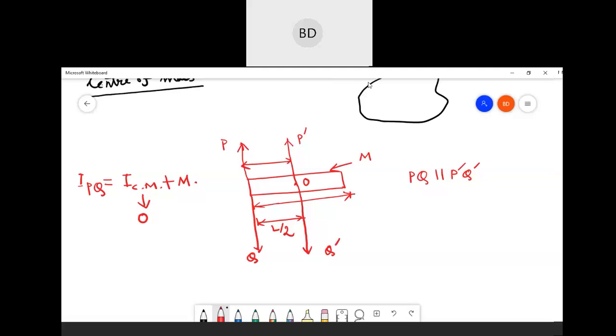Please tell me. Alright, that has already been shown: L by 2. So in place of R, it will now be L by 2. Then you calculate this. This you will get because M will be given, L will be given. After that, you can find your PQ.